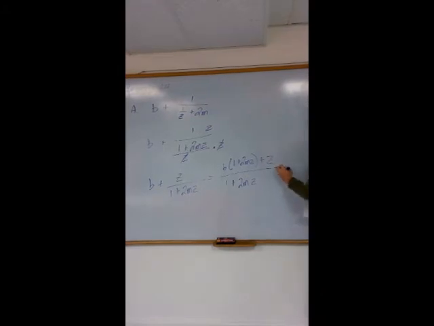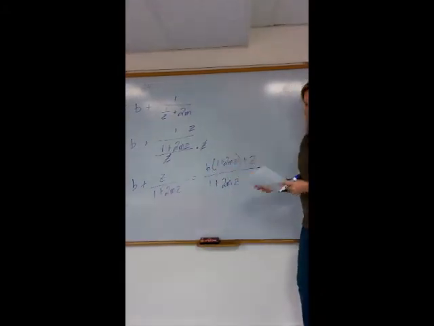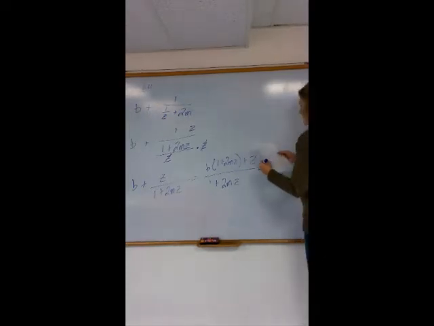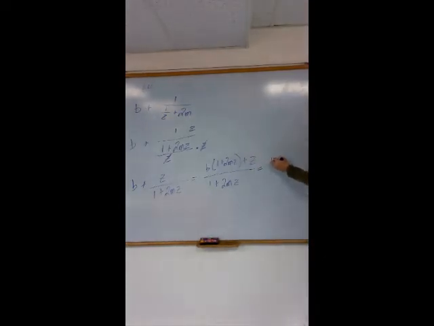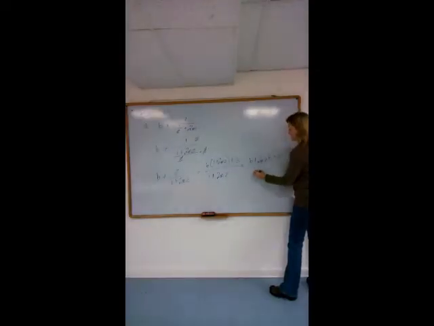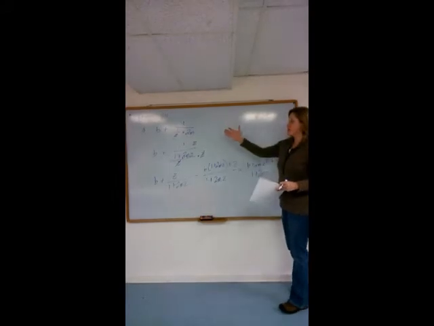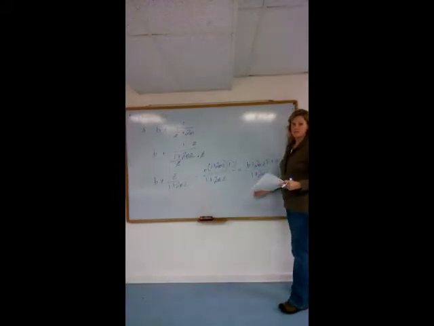And then I'd like for you to do one last step and just go ahead and multiply that b in. So our final answer for this one will be b plus 2mzb plus z over 1 plus 2mz. So that's how you take a complex fraction and simplify it.